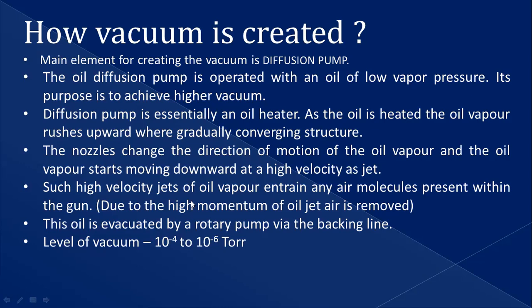So this is the procedure to create a vacuum in a chamber. The equipment we require for creating a vacuum of the required level is the diffusion pump. Its construction comprises nozzles, boiler, heater, oil, and backup pump. This is how a diffusion pump helps in creating vacuum in a particular chamber.